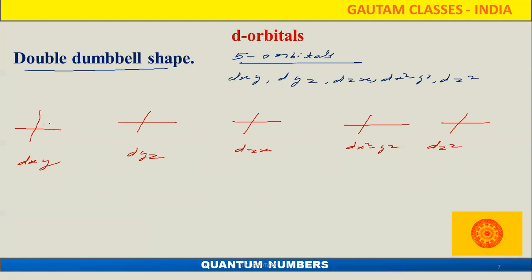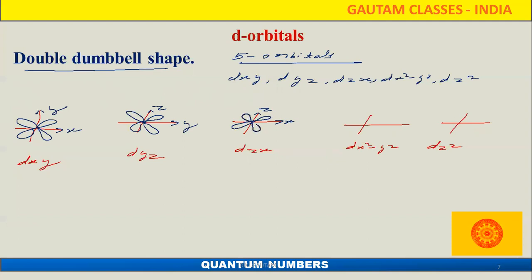For the dxy, if this one is the x-axis and that one is the y-axis, we can draw it in this way. If that is our y-axis and this one is the z-axis, we can draw the dyz like this. If this one is our x-axis and that one is the z-axis, we can draw the dzx like that.